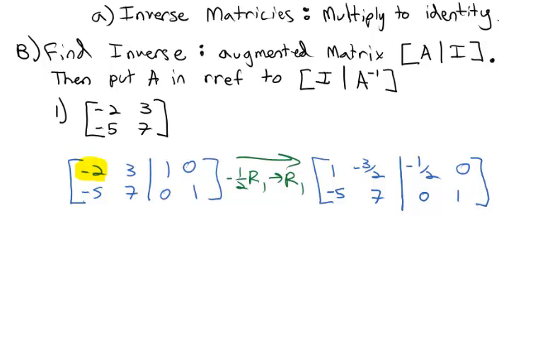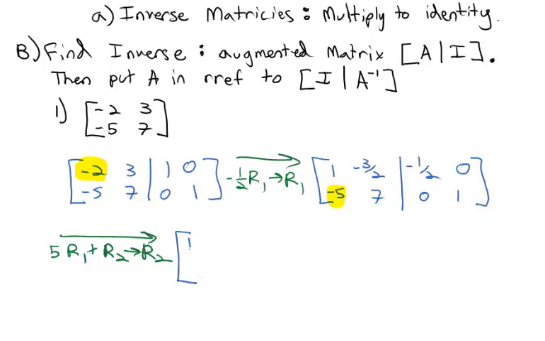Now that we've got that 1 on the pivot point, we want everything above and below to be a 0. So we need to multiply by the opposite of negative 5, which is a positive 5. So we'll take row 1, multiply by a positive 5, add it to row 2 to get the new row 2.